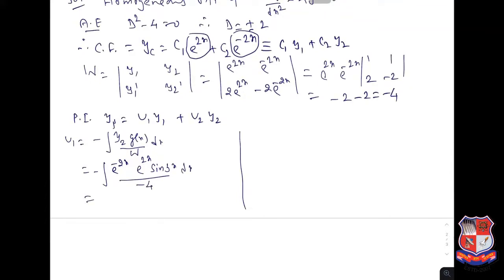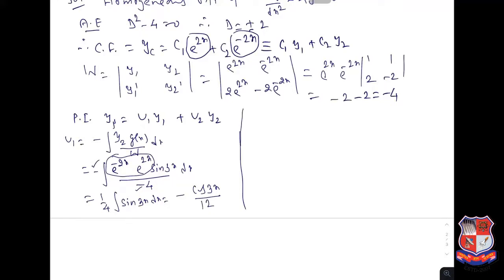So now this minus and minus gives plus 1 by 4. This e power minus 2x times e power 2x is 1, sin 3x. And so the integration is minus cos 3x over 3, and 4 is already there, so that is nothing but 12.